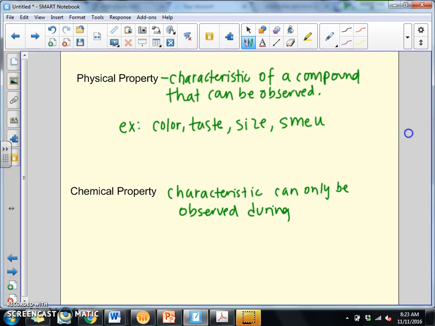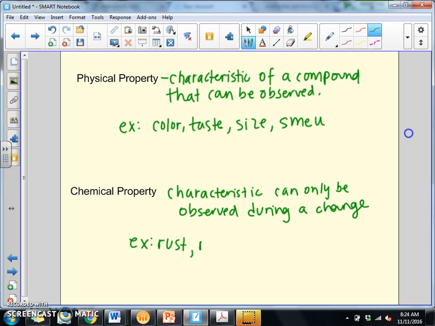So, for example, if I want to know if a compound can rust, the ability to rust would be a chemical property, because I don't know if my bike will begin to rust until I leave it outside in the rain and the water and the air and it starts to rust. I can only observe that that is a characteristic while it's actually changing.